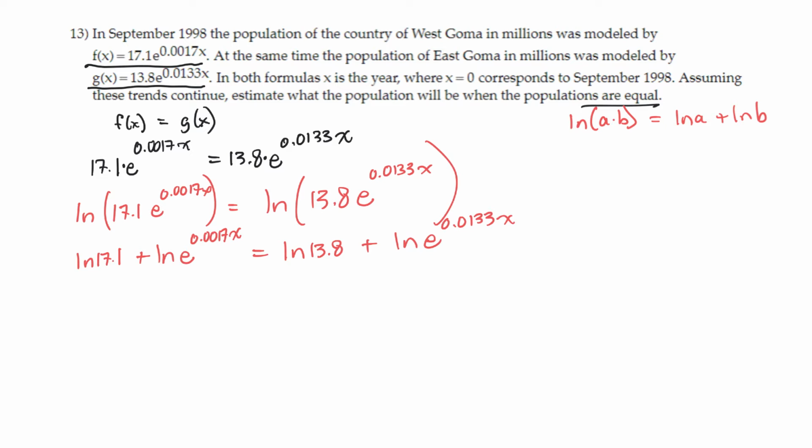Now where's my calculator? I can figure out that ln of 17.1, and I'm sure there's other ways to do this, but let's just do that for now. Calculator, where's my ln button?